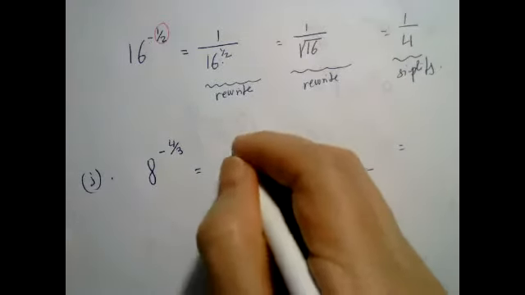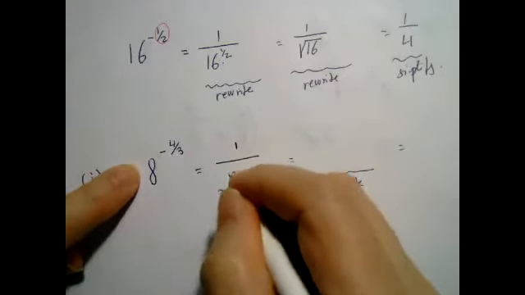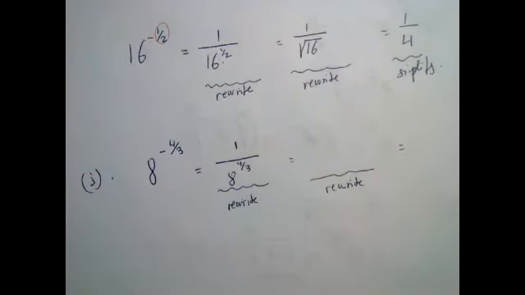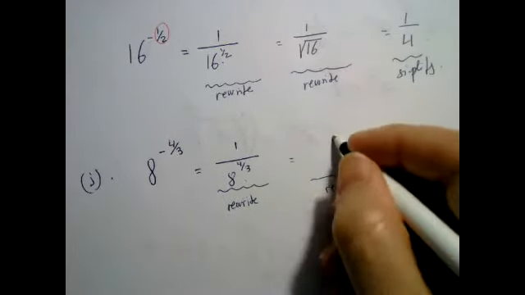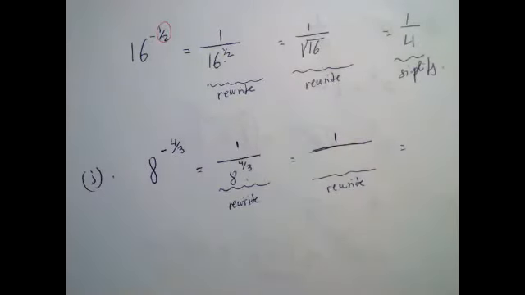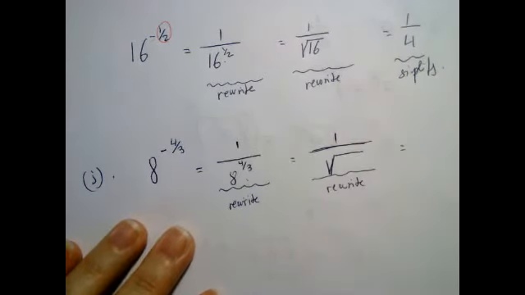So my first is 1 over 8 to the minus 4/3, which will become 4/3 when I move it to the denominator. Step number 1. Correct. Now step number 2, I don't want fractional. So now I want you to introduce the root. So what will this become using the root? Because I want to evaluate it eventually.